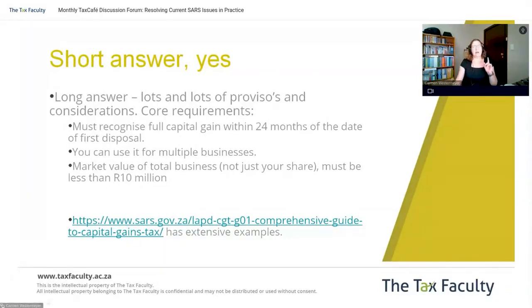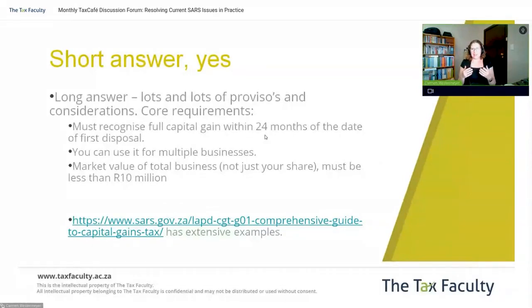All right. Now, that question, thank you for that one, is actually quite relevant to this criteria here. And again, it's covered in a lot of detail in the comprehensive guide. Per para 2 of the 8th schedule, you have to recognize a capital gain or loss on the disposal of an asset.